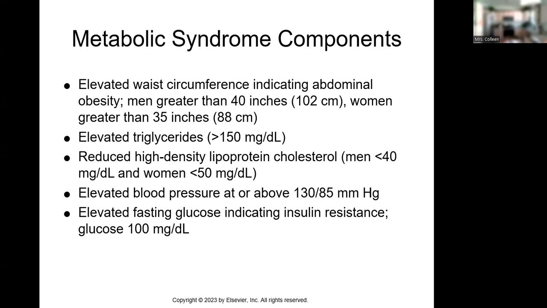They have reduced HDLs: for men, less than 40, and for women, less than 50. Elevated blood pressure at or above 130 over 85, and a fasting glucose of 100 or more indicating insulin resistance. So again, this patient may have metabolic syndrome.